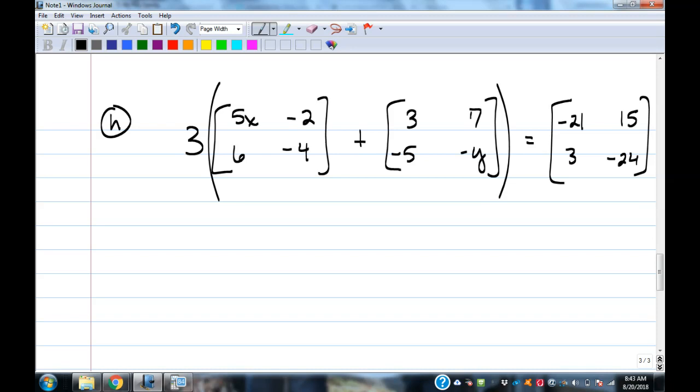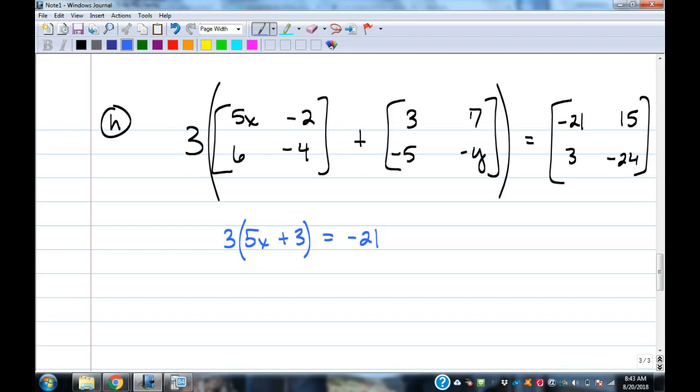So looking at that, what would be the equation to find x? Close. All right, there you go. 3 parentheses 5x plus 3 equals negative 21. Because that 3 is around everything here, it's like a scalar multiple.